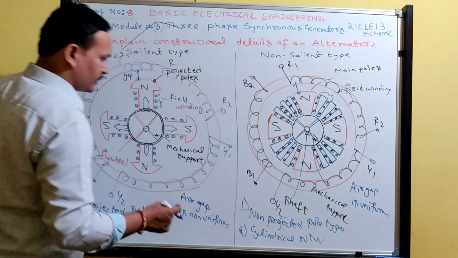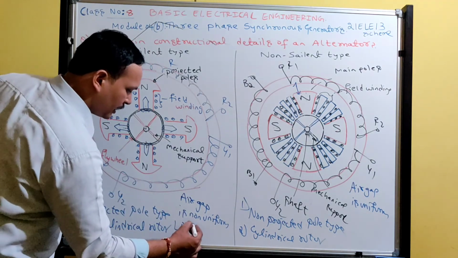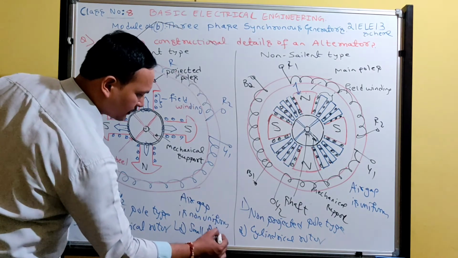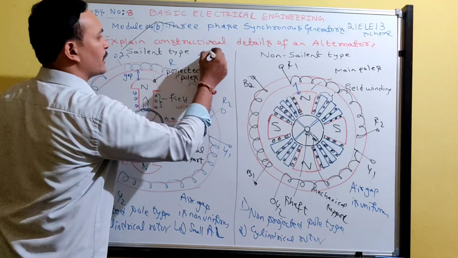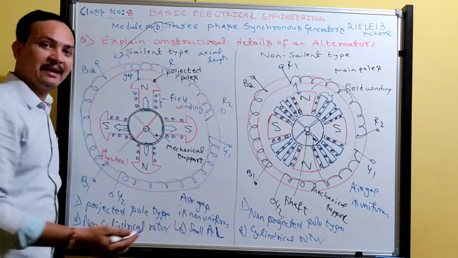Next, this type of alternator is larger in diameter and smaller in axial length. AL means axial length, in short form I wrote AL.